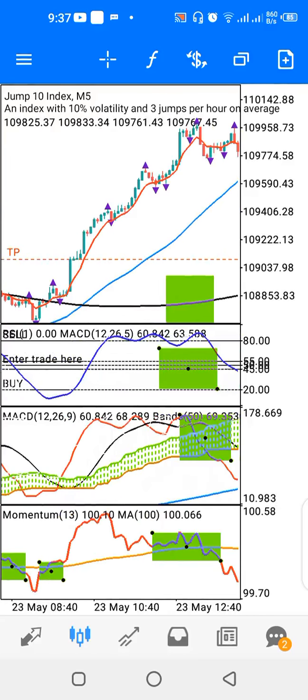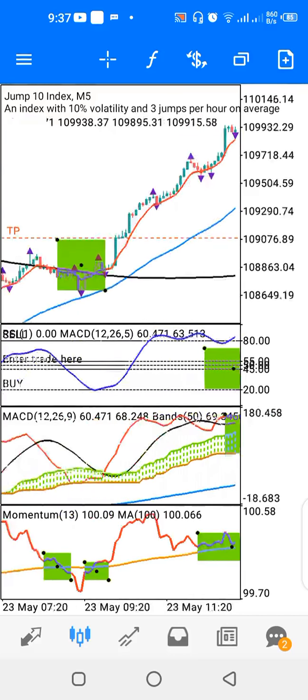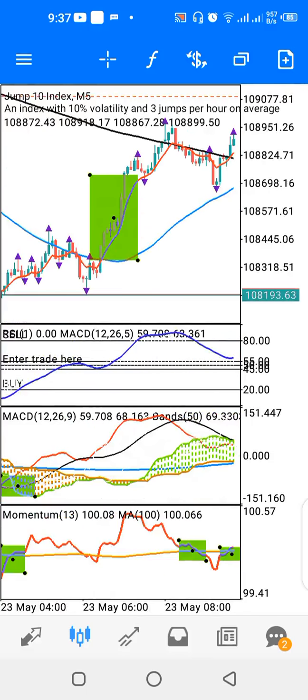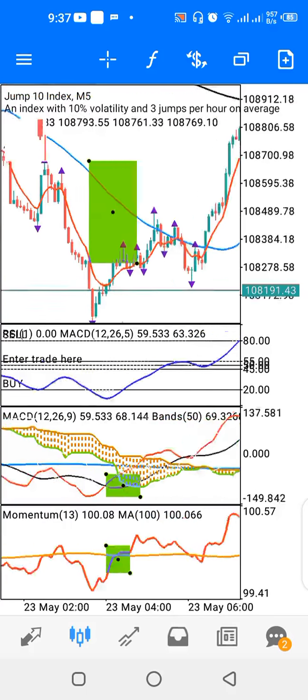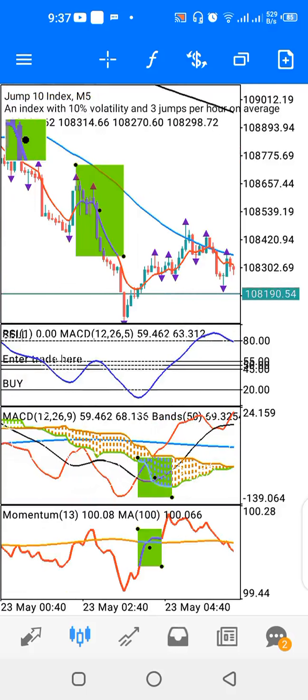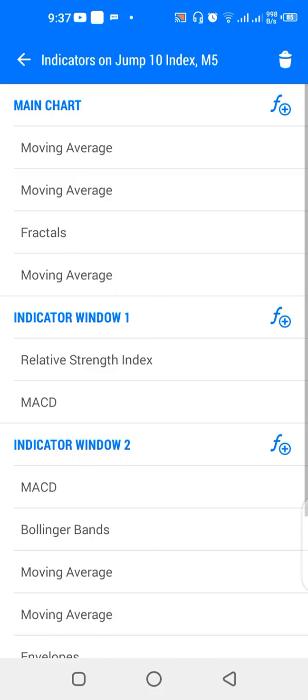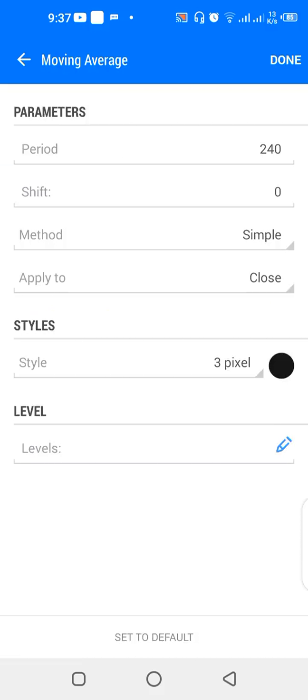If all other lines are below the black line, like we have it below, we have other lines below the black line, then I have a bearish trend. So let's look at the parameters for the black line. It's a 240 period simple moving average applied to close, and the color is black. Of course, the shift is 0.